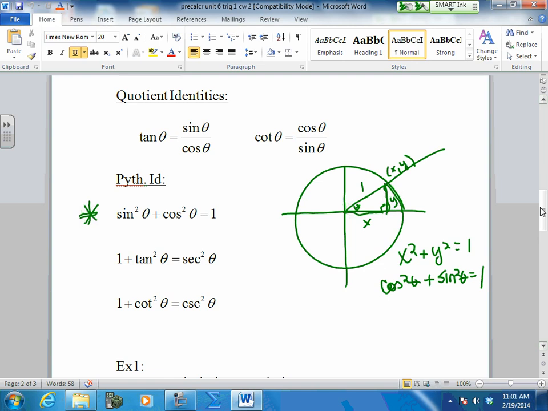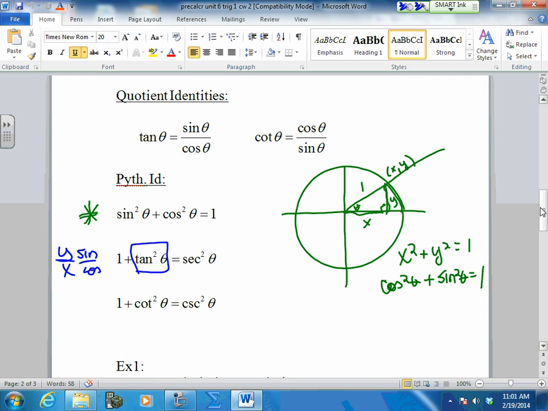Okay? Now, if I want to make the word tangent out of this, tangent is what in terms of sine and cosine? Y over x, and what is your y? Sine over cosine.